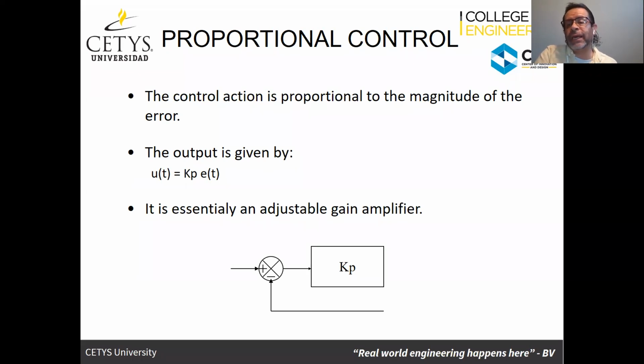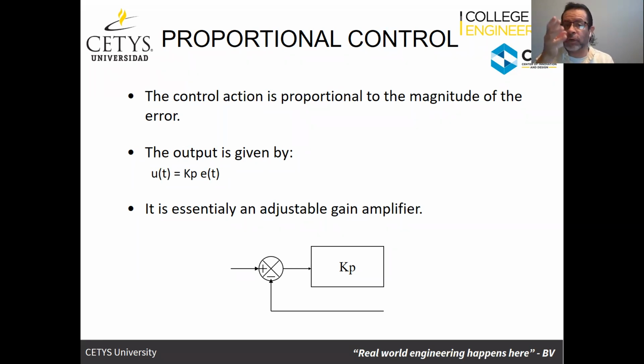Up to this point in the examples we've seen, remember that we've always had a K that we're trying to manipulate or define values of K for stability, for certain design parameters. Well, up to this point, that K has been the proportional controller variable that we can manipulate.